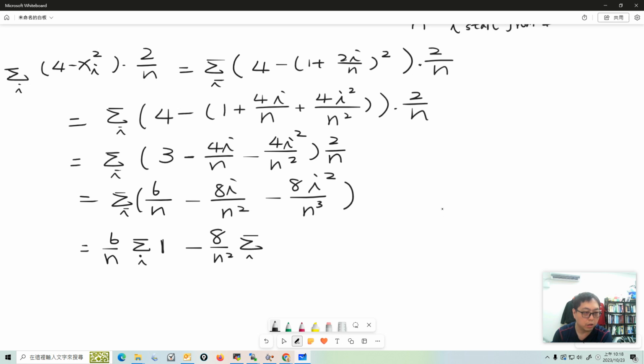And the summation of i, where i starts from 1. So the next one is a over n cubed, the summation of i equal to 1 to n.